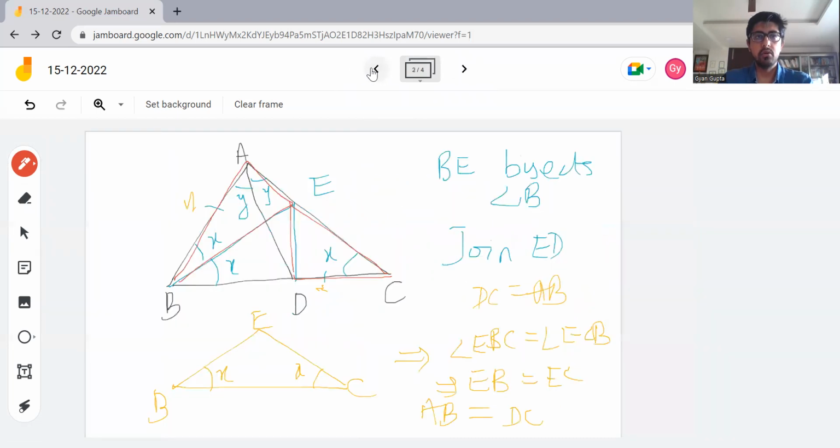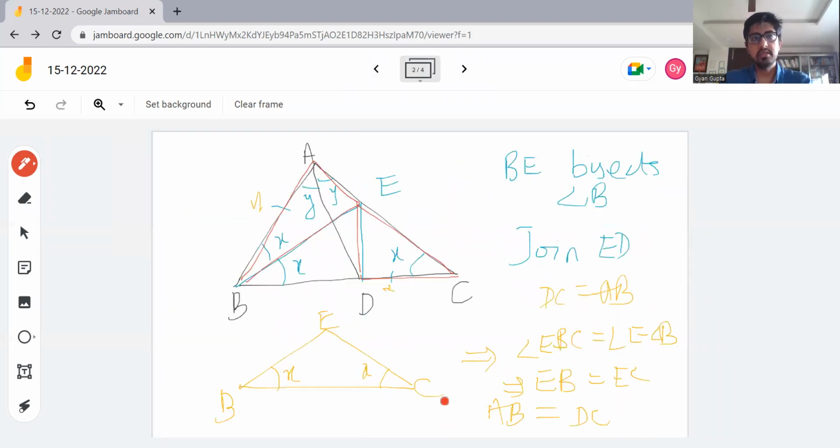Let's come back to our initial triangle BEC. All right. Now, on the first page of triangle BEC, we have the exterior angle here will be equal to the sum of these interior angles.